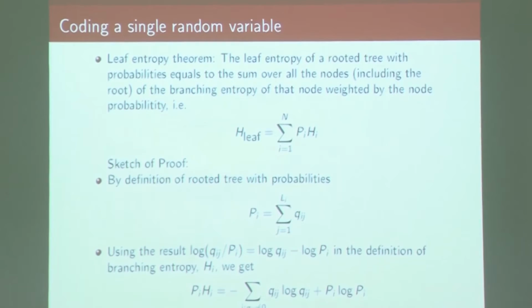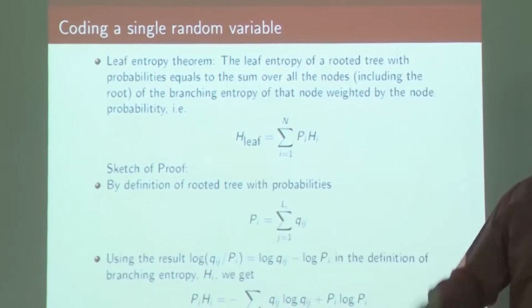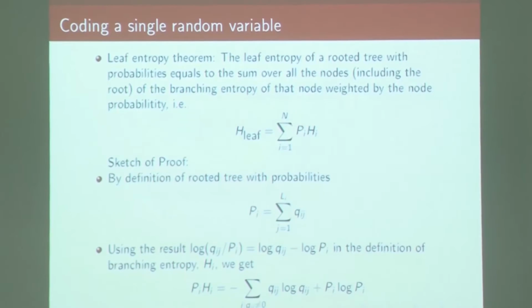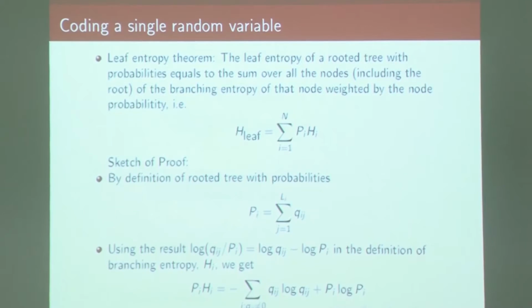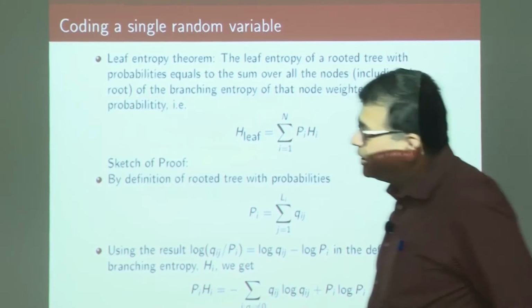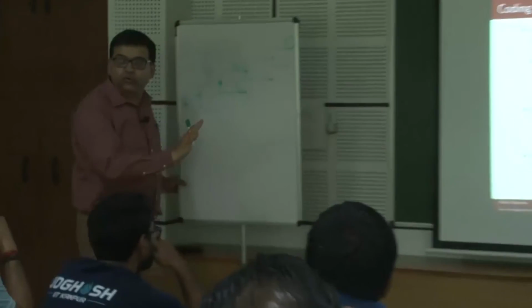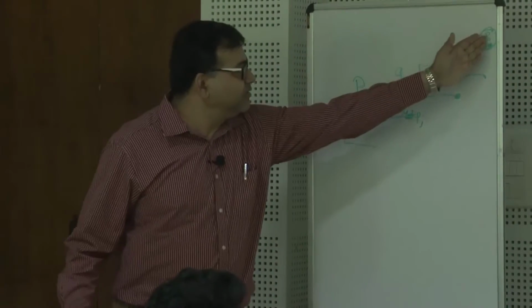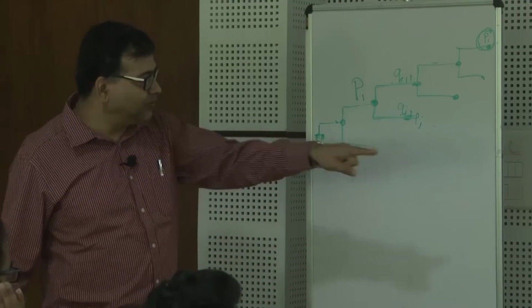Now the point I am making is, if I sum this over all the nodes, I get the leaf entropy. So what I need to show is that when I sum it over all the nodes, everything else cancels out, and the only thing that remains is the leaves.